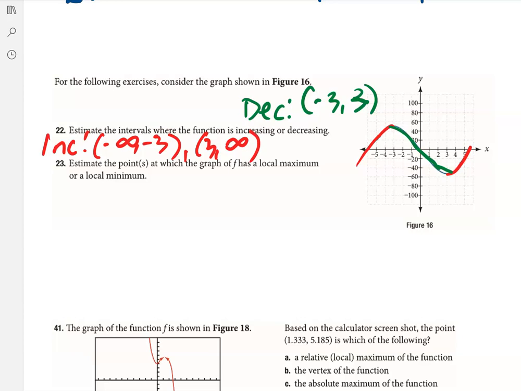Then 23. Estimate the points at which the graph of f has a local maximum or a local minimum. Local, we know that this is the local max, and this is the local minimum.